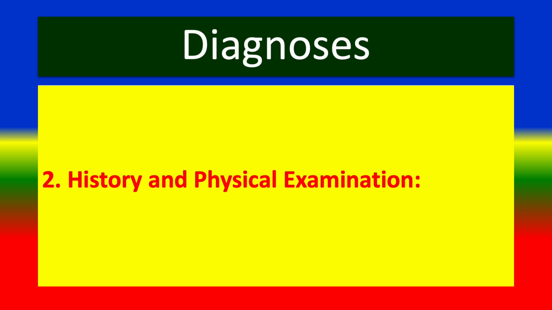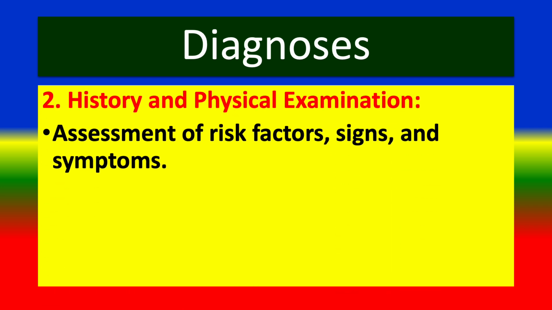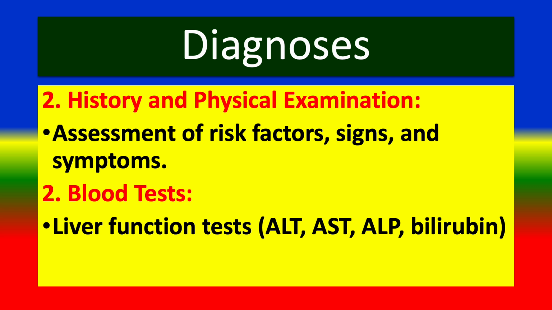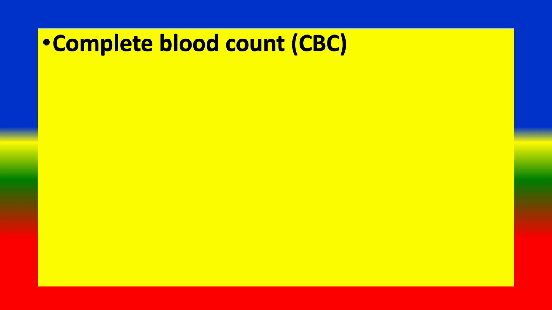Diagnosis. 1. History and physical examination. Assessment of risk factors, signs and symptoms. 2. Blood tests: liver function tests, ALT, AST, ALP, bilirubin, coagulation profile, PT and INR, complete blood count, CBC. 3.